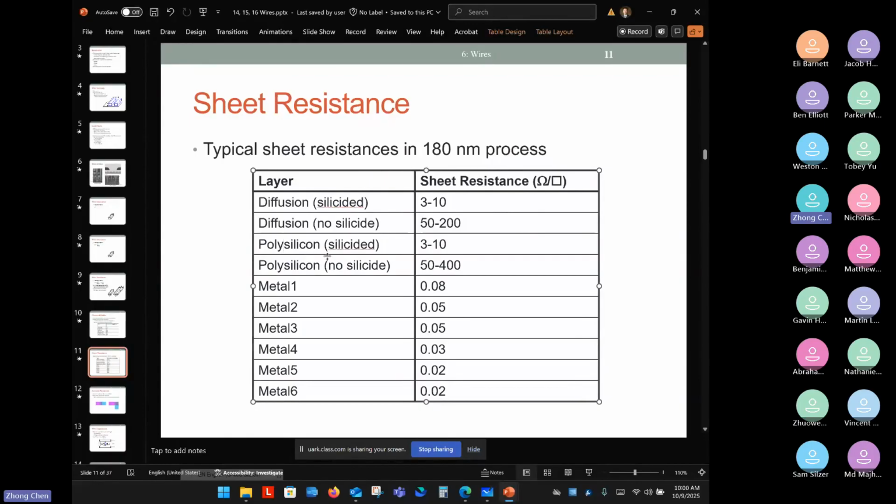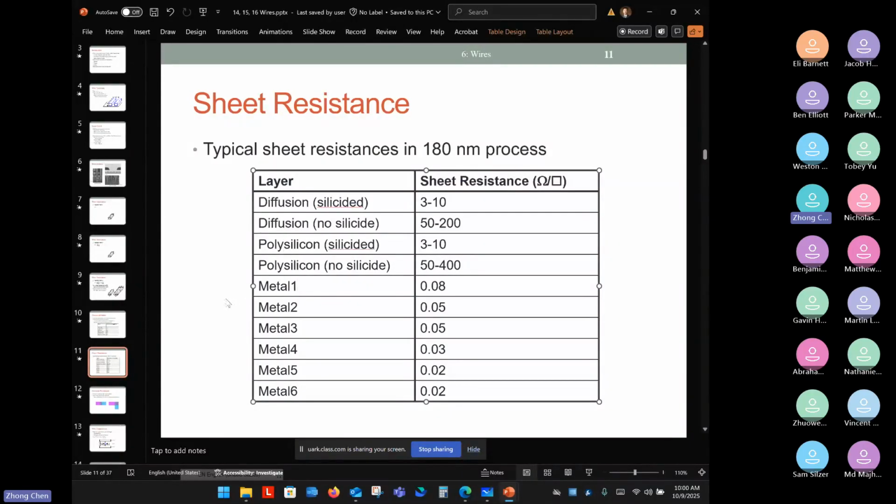They have different resistance values and also different current capability, meaning how much current you can pass through those resistors. As a designer, this is all the available resistance that you are able to use. There are NWL resistors, there are poly resistors, and of course there's a metal resistor.